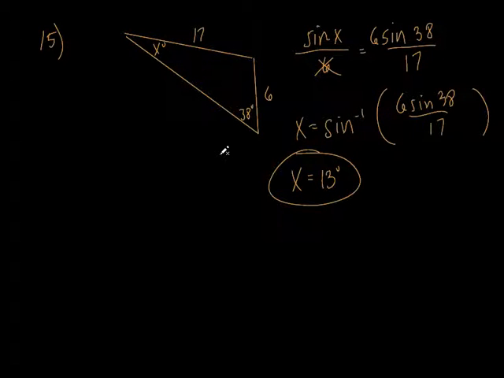Just to help me out a little bit, circle your answers when you're done. If you have a whole bunch of work, don't hide your answer in the middle of all that work. Make sure that you circle it, and if it's an angle, put degrees. I don't mark off if it is, but I know there are teachers out there that will mark it off if you don't put degrees. I promise you, I've had them. If you don't put the units like feet or meters or inches, they'll mark the problem wrong even though you did everything correct.